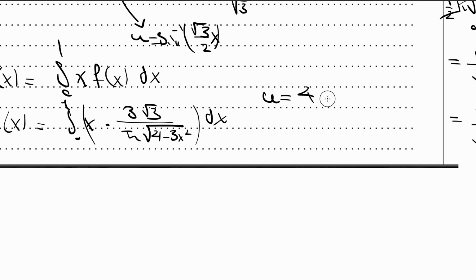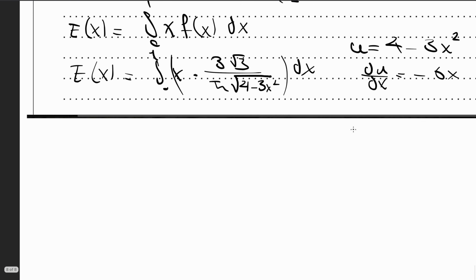And I'll consider u equal to 4 minus 3x squared, because that way I'm thinking I can also cancel out the x here as well. So du over dx is negative 6x. This should be fine. Okay, so dx is, oh yeah, du over negative 6x, there we go.